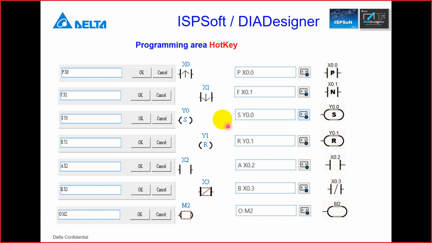Okay, so this just shows you the difference between ISP and DI Designer, but no matter which software, we use the same hotkey. Falling and rising edge, we use F and P. Set reset use S and R. Then normally open, normally close use A and B. Okay. Any question?